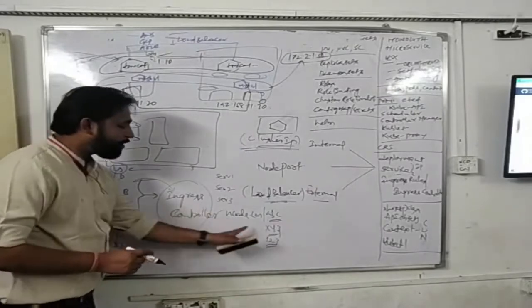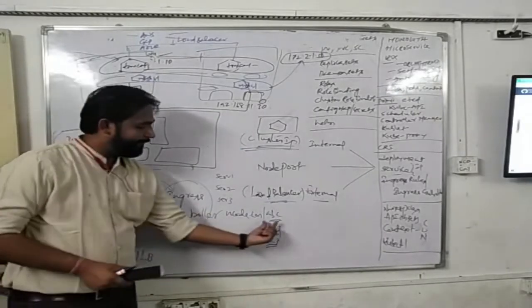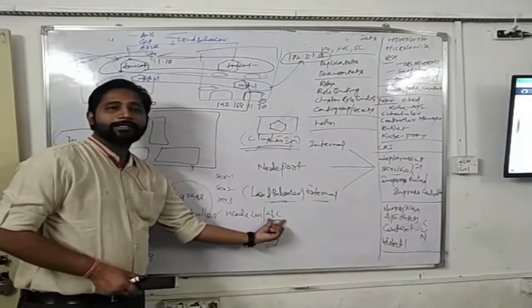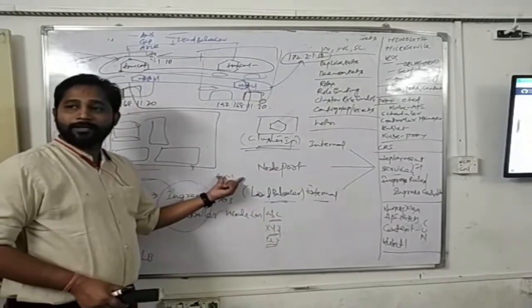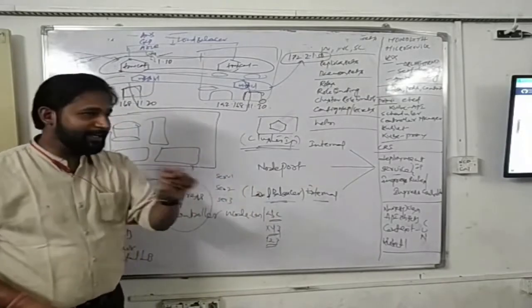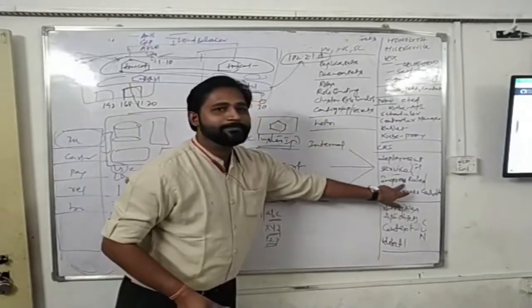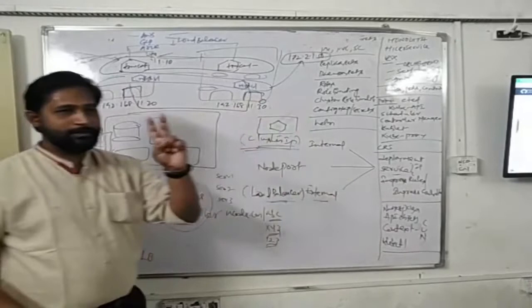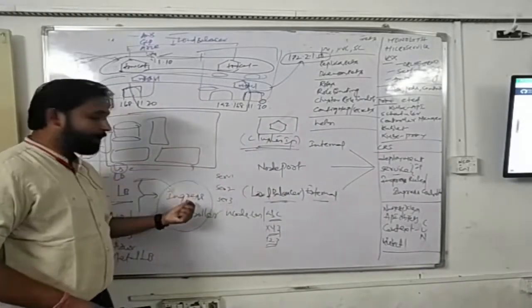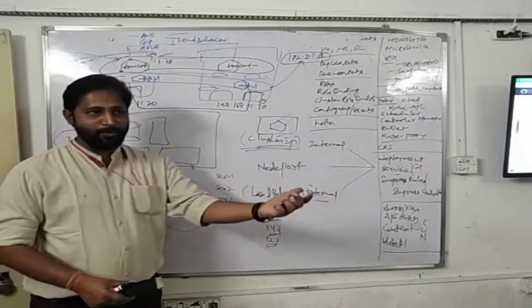What we are saying is, if the URL is ending with ABC, send it to service 1. That sentence is your ingress rule. So when we talk about ingress, there are two things: the ingress rule and the controller. The controller is the one that implements the rule.